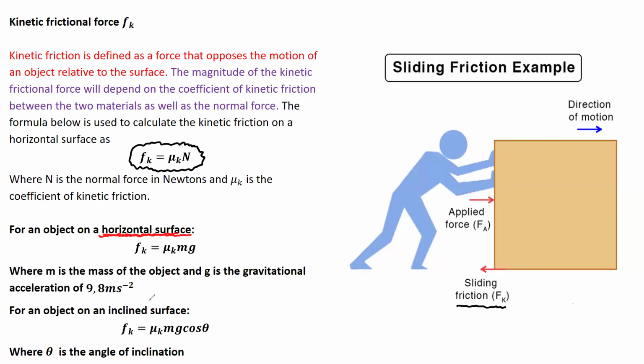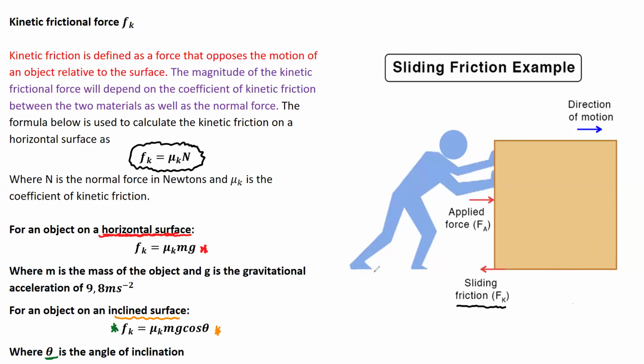On an incline, the kinetic frictional force is given by this formula, where theta is the angle of inclination.